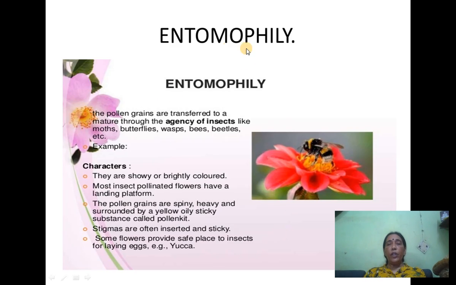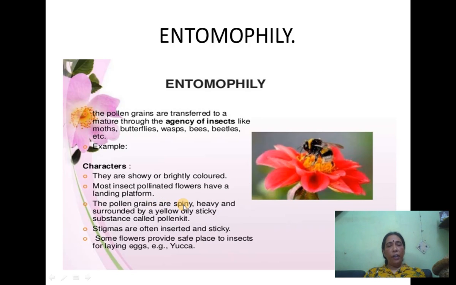Then entomophily is another form in which the pollen grains are transferred to a mature stigma through the agency of insects like moths, butterflies, wasps, bees, beetles, etc. Here the flowers, as you are observing, are brightly colored.